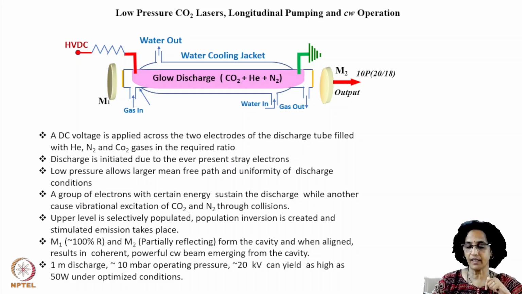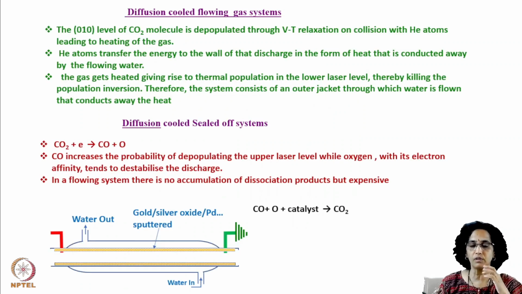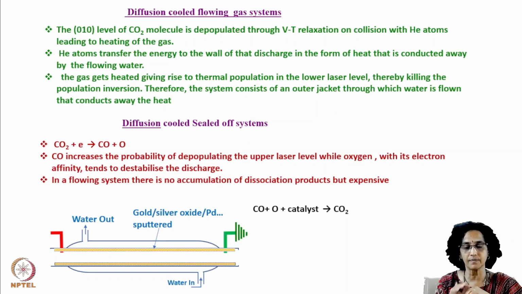These are called diffusion cooled type of CO2 lasers because of the heat that is dissipated into the gas. Why the heat comes?